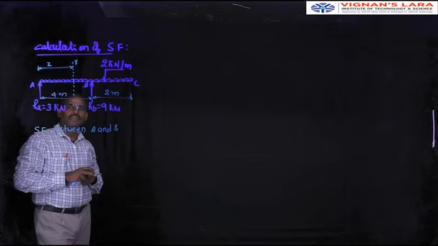The overhanging beam carries a uniformly distributed load at the rate of 2 kilonewtons per meter.